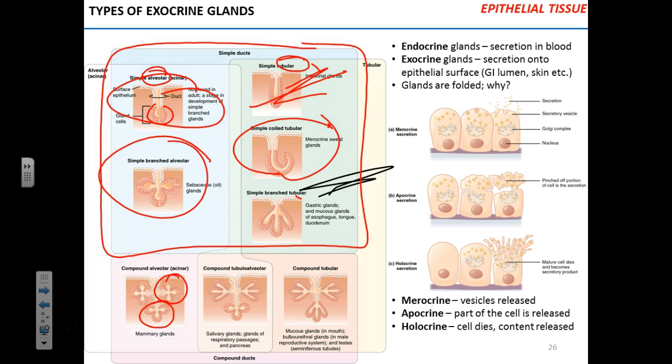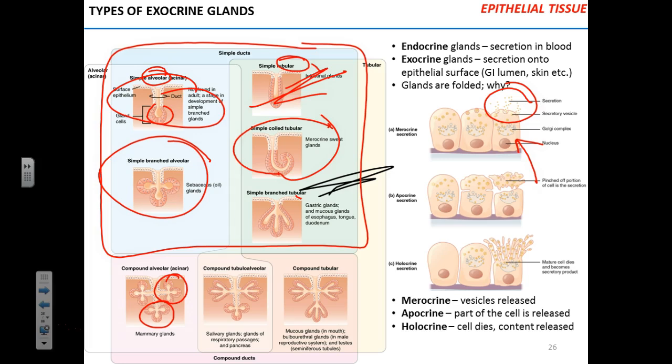Now, exocrine glands, based on the mode of secretion, can be divided into three types: merocrine, apocrine, and holocrine. Merocrine glands package their secretion into little vesicles that they release from the cell. Whatever is secreted is neatly packaged in vesicles and released, and the cell of the gland remains intact.